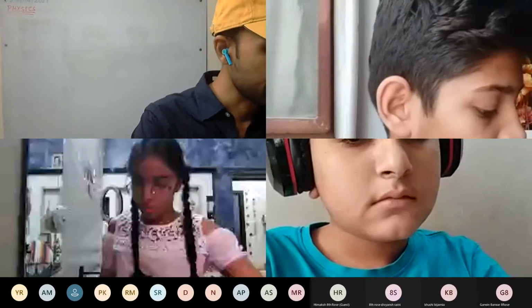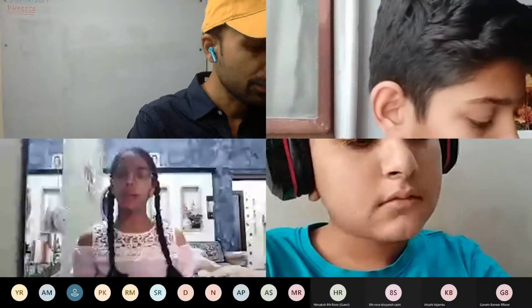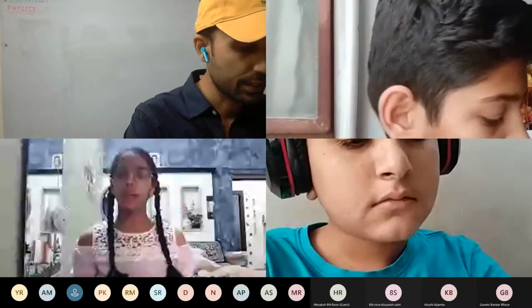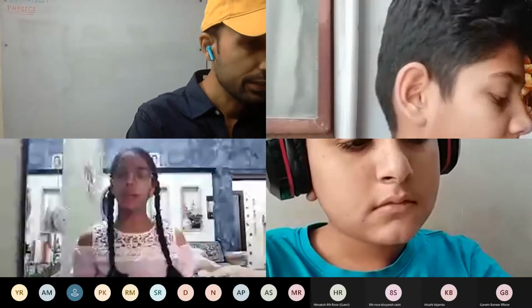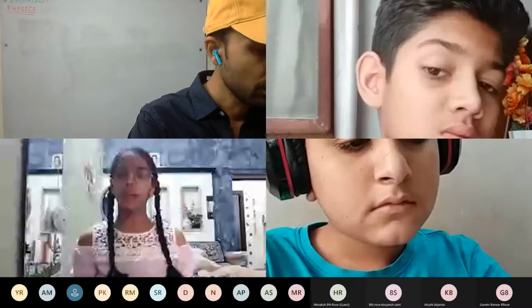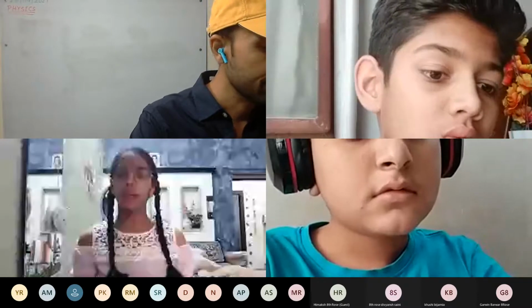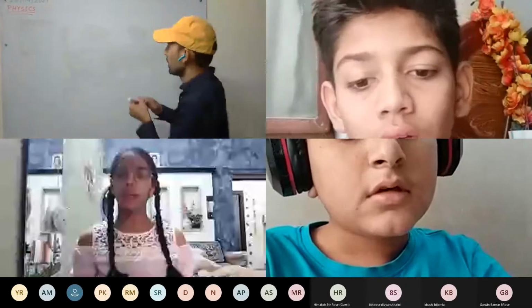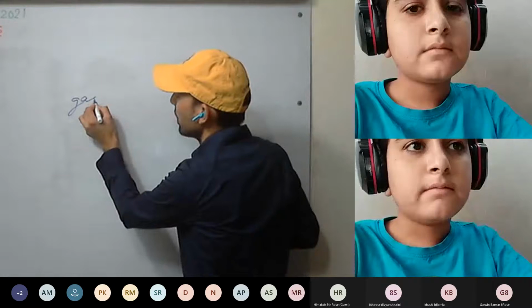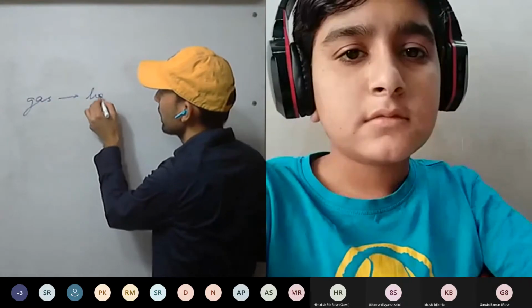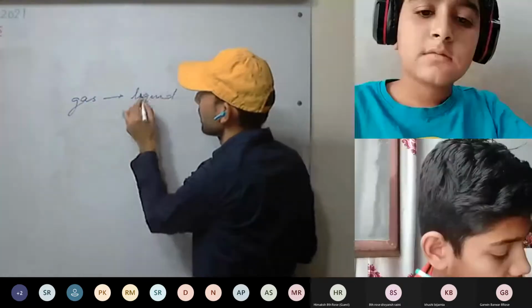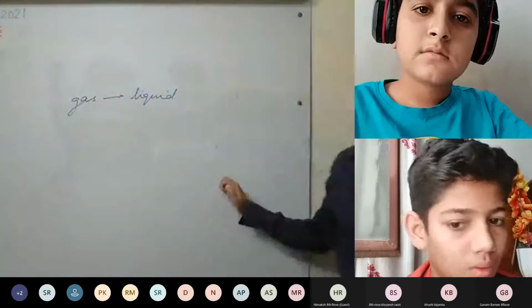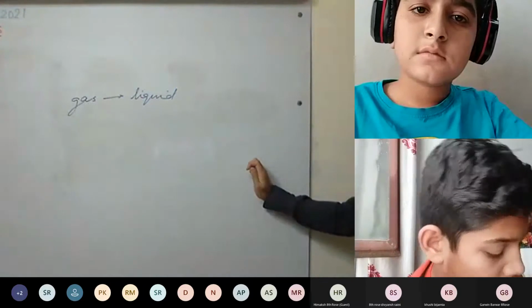Second one, in dash process, a substance is converted from gaseous state to liquid state at a fixed temperature. Gaseous to liquid. What is that process? Not liquid to solid. Gaseous state to its liquid state.